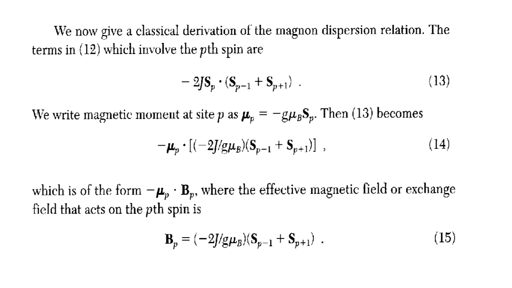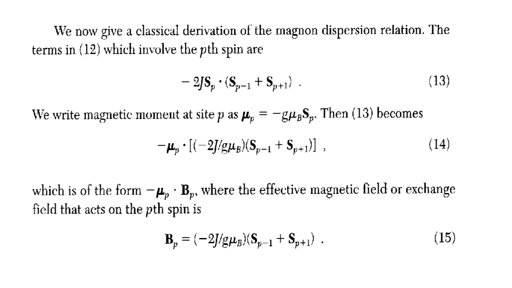Here we consider the p-th spin, and the exchange energy can be written as follows: S_p shares interaction with S_p minus 1 as well as S_p plus 1, so this will be the term, the excitation energy at the p site. We can call it U_p, and U_p is equal to minus 2J S_p dot (S_p minus 1 plus S_p plus 1).